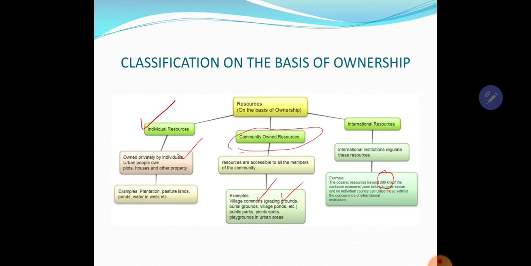Anyone can get access to that area and use the natural resources available over there. So we divide on the ownership: individual, community, national or state. We can divide that also. Then international resources on the basis of ownership.